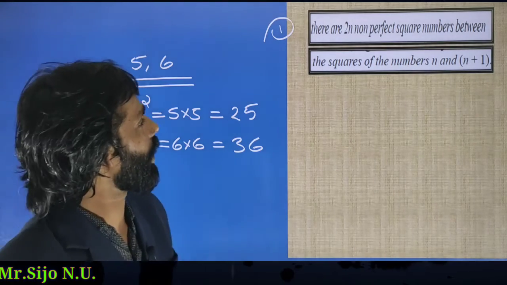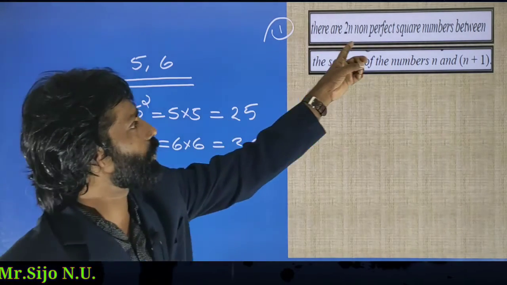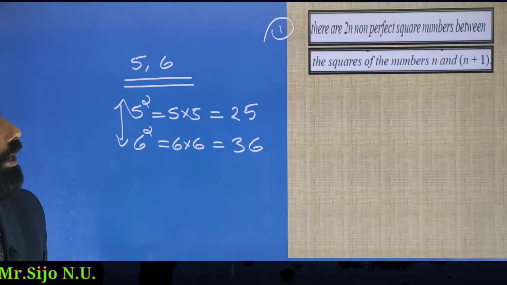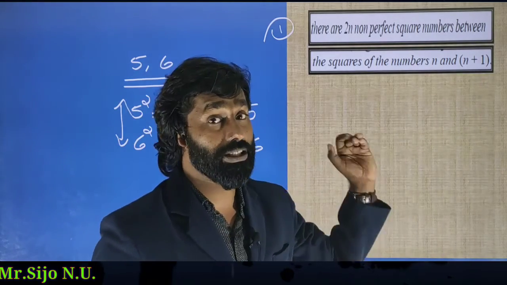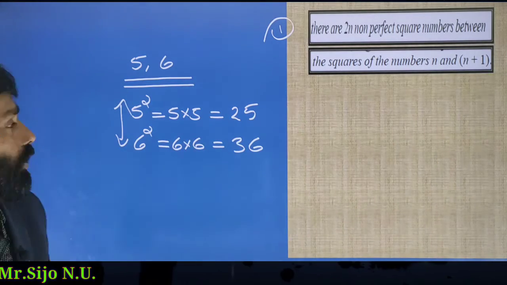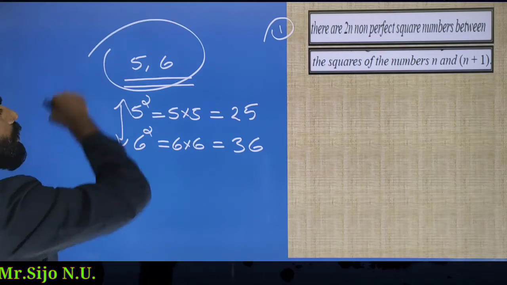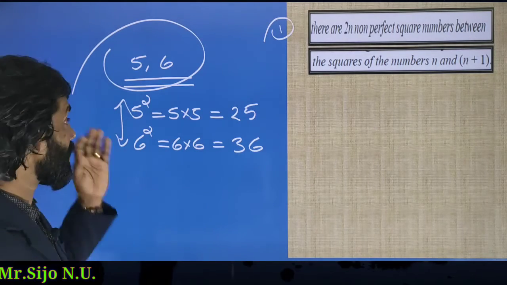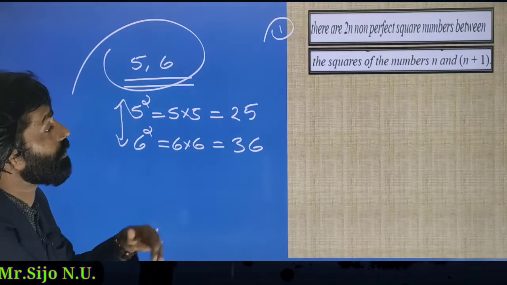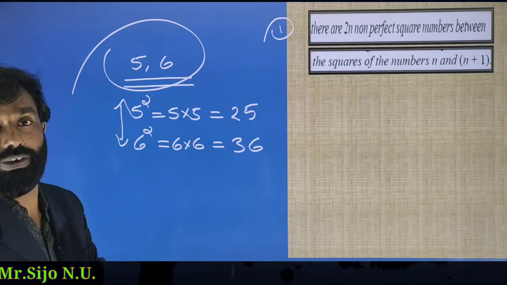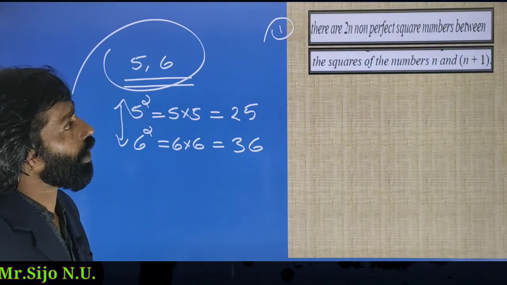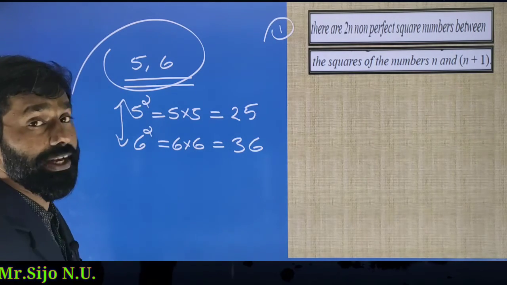These two are consecutive numbers. They are saying there are 2n non-perfect square numbers between the squares of the numbers n and n plus 1, that means consecutive numbers. So we have taken two consecutive numbers, 5 and 6, and their squares are 25 and 36. We know in between 25 and 36 there is no perfect square number. All are non-perfect square numbers. How many are there?